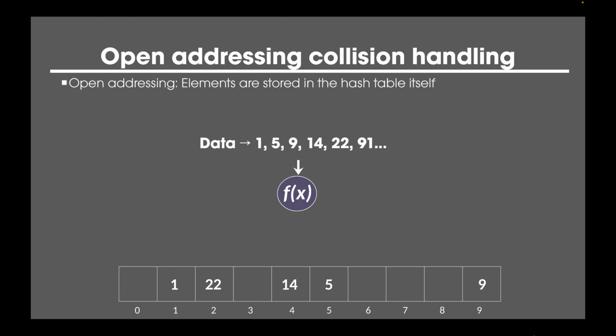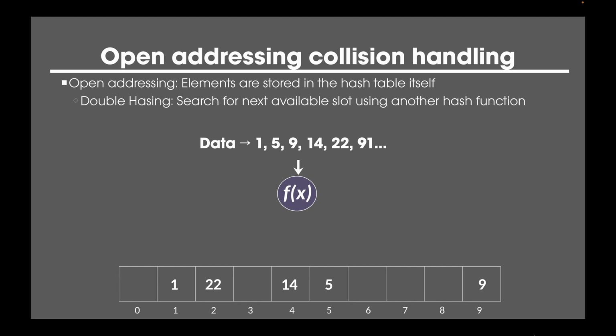Next technique is double hashing. Double hashing uses a second hash function to calculate the next available slot. The new position is calculated as hash for the data element plus i multiply hash for the data element again.